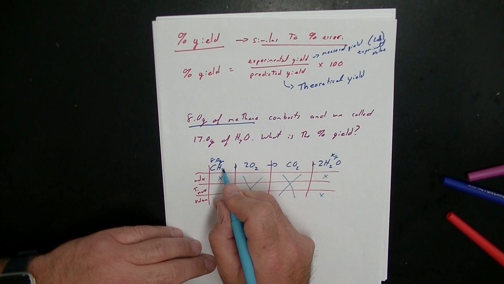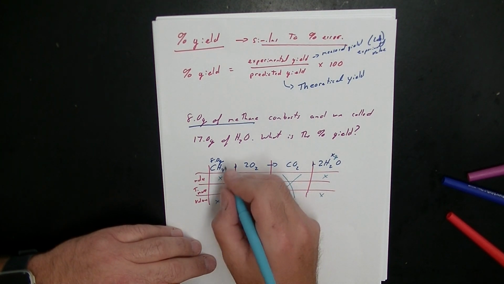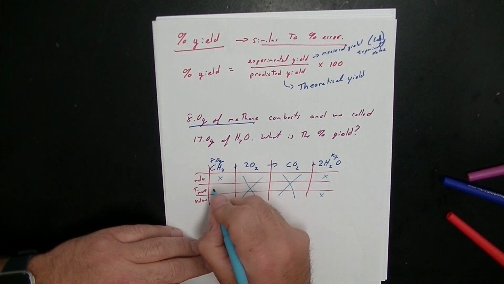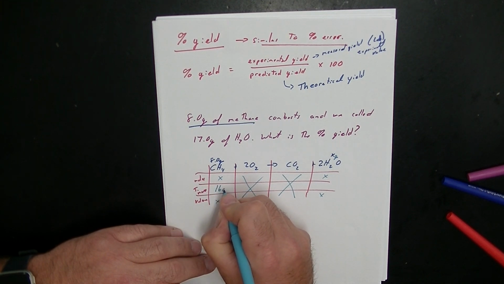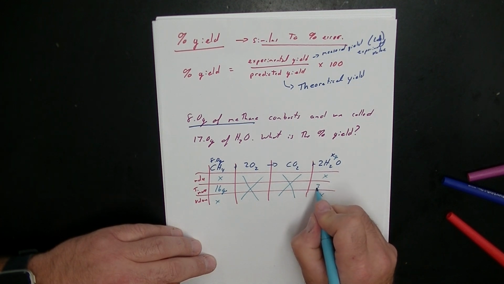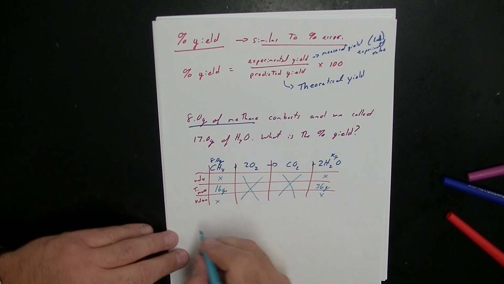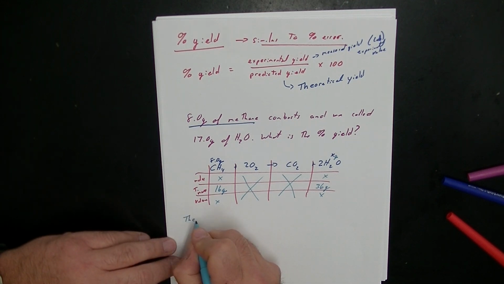The total mass of CH4, and there's only 2 sig figs, so I'm just going to round. So this is 16 grams. And the total mass of 2H2O, which is 36 grams. So I want to calculate my theoretical yield.